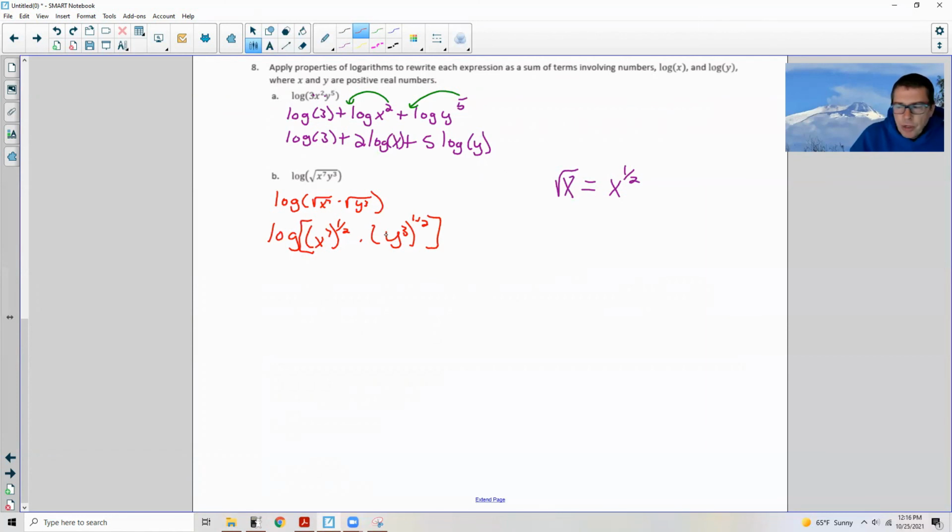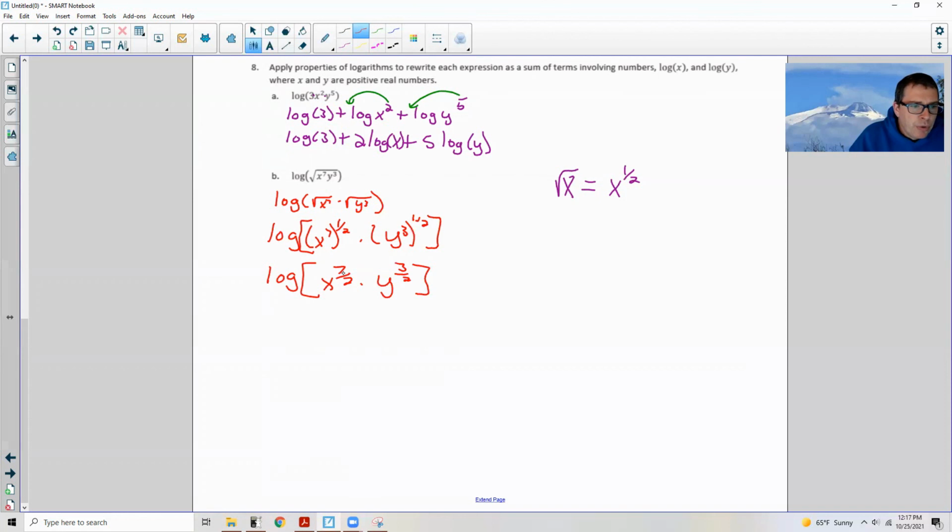And then we do our rule, and we move them out in front, or actually we can do our power rule first. So the log of, let me fix this. X, well, 7 times 1/2 is 7/2 times y to the 3 times 1/2 is 3/2. So that's what we get there.